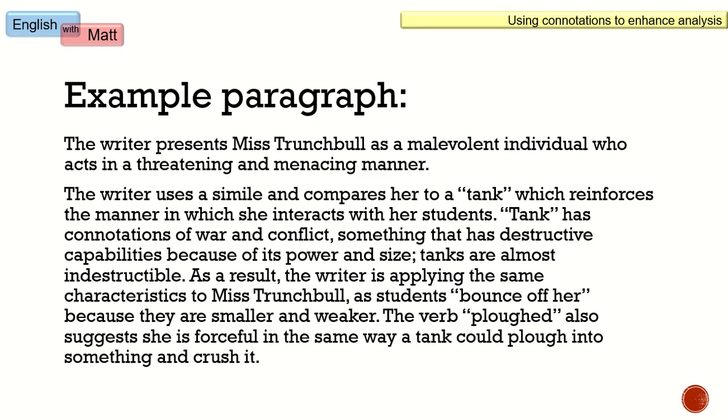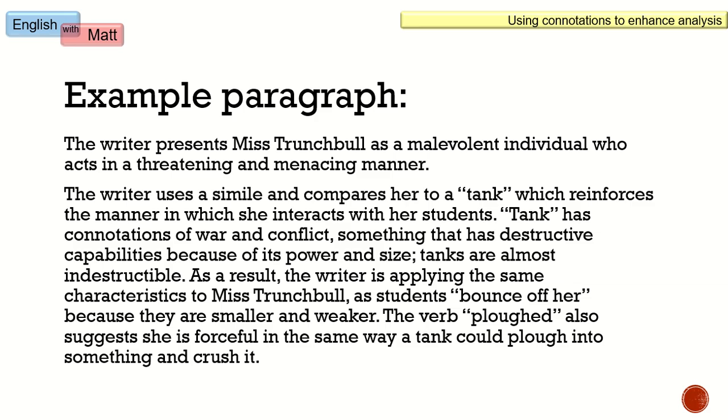The verb ploughed also suggests she is forceful in the same way a tank could plough into something and crush it. So that is an example of a paragraph looking at language analysis, thinking about why a particular phrase has been used.